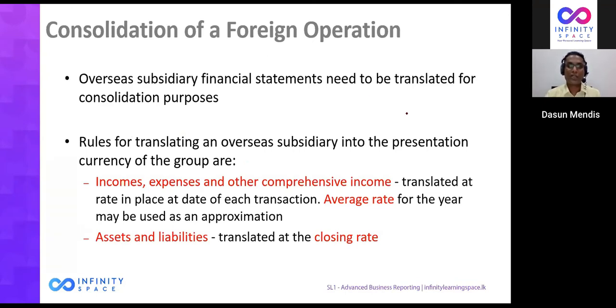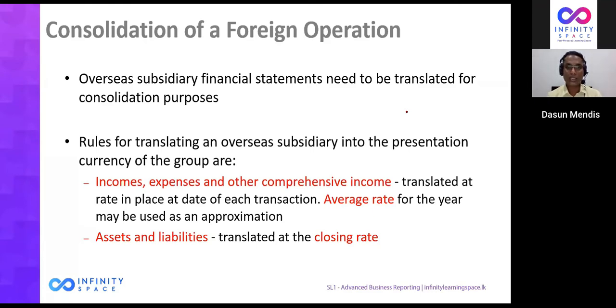For the conversion, you use the exchange rate. Now, when you are using exchange rates, different items are converted using different rates. Income, expenses, and other comprehensive income items are translated using the average rate as an approximation. Assets and liabilities are converted using the closing rate. Share capital and pre-acquisition profits are converted using the historical rate.